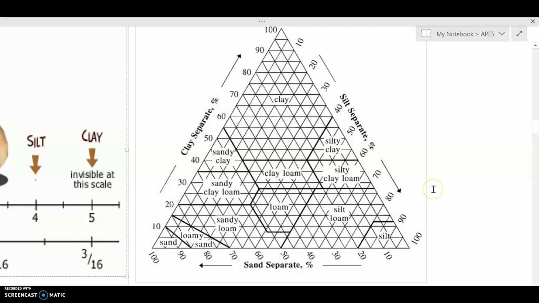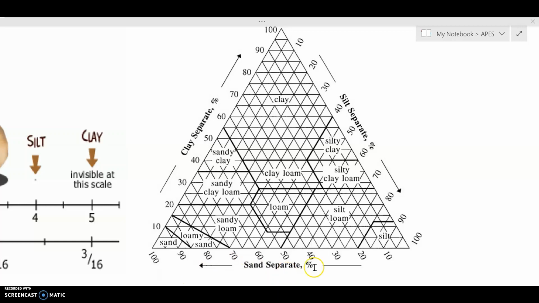So the way to read the soil triangle is to first either look at the bottom or the side. So let's say, for example, the soil composition is composed of about 60% sand.